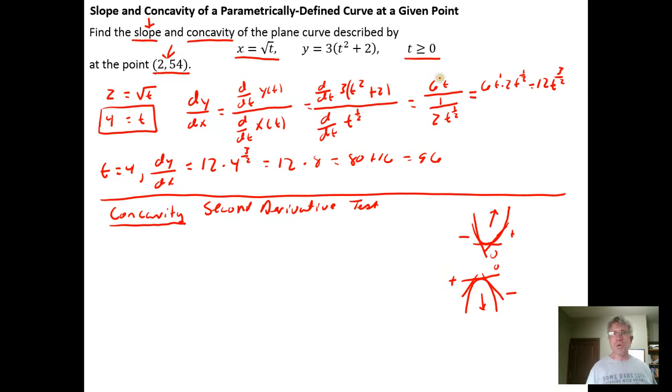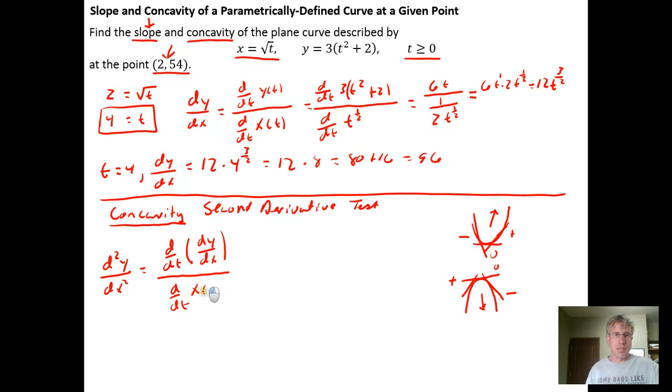So we know our first derivative, so we're going to need to take the second derivative. We need d2y over dx2, which is going to be defined to be d/dt of dy/dx, and this is from video 1, d/dt of dy/dx over d/dt of x of t.